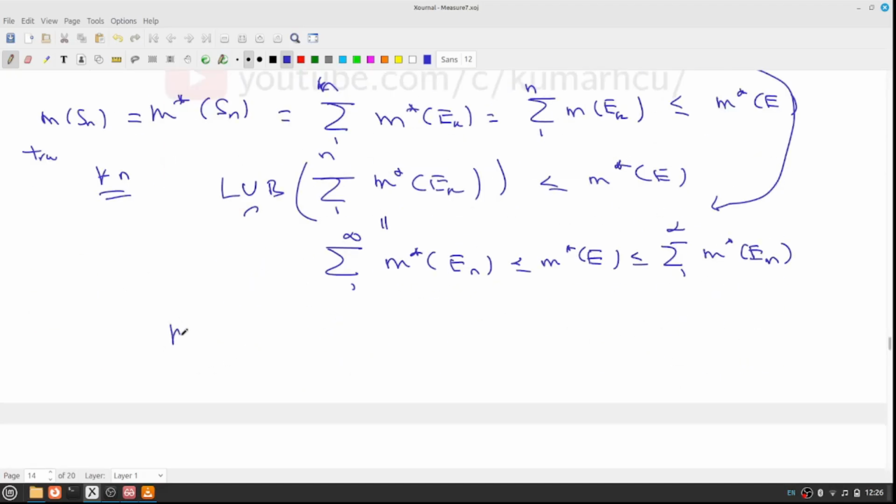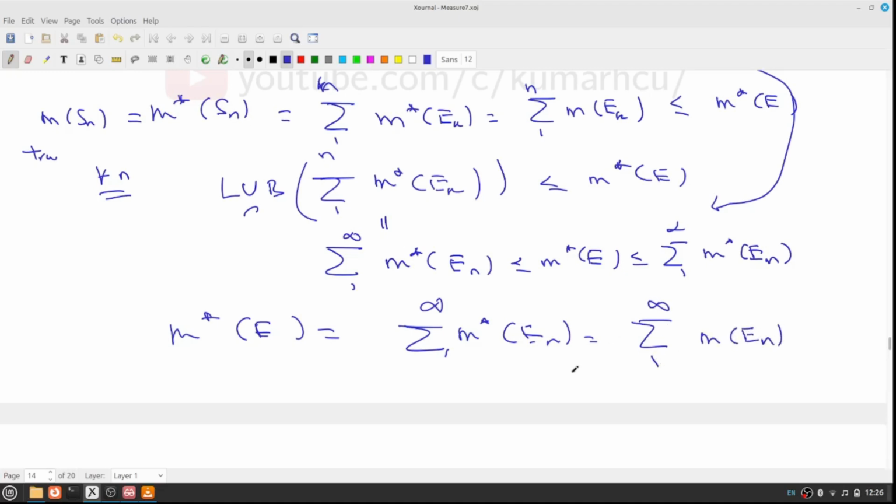Therefore, you have shown that m star of E is the summation of m star of En, n equal to 1 to infinity. Because the En are measurable, I can replace m star by m. It's the same. So we proved one.